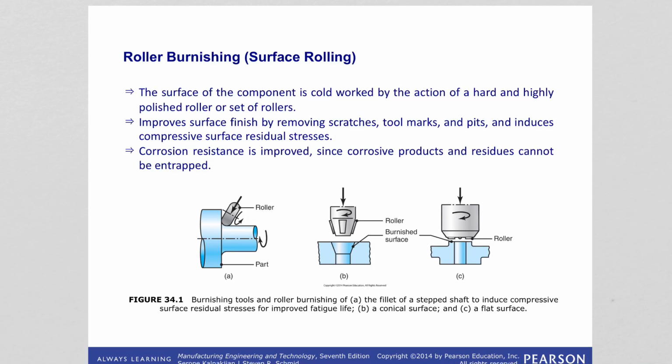Since it removes the pits and scratches, any type of corrosive product or residues cannot then get trapped in the surface, and this helps with the corrosion resistance. It improves the corrosion resistance of the part. So it is a chipless machining method.